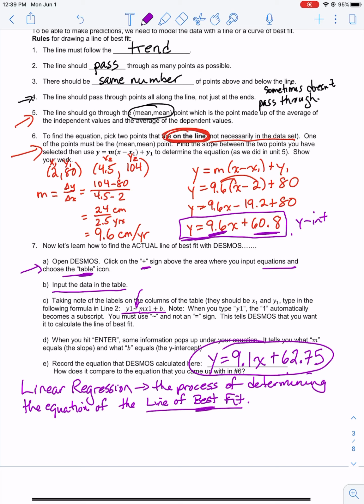This is the line of good fit. It's not perfect. This is the line of best fit that Desmos gets. How does it compare to the equation that you came up with? It has a lower slope but a higher y-intercept.